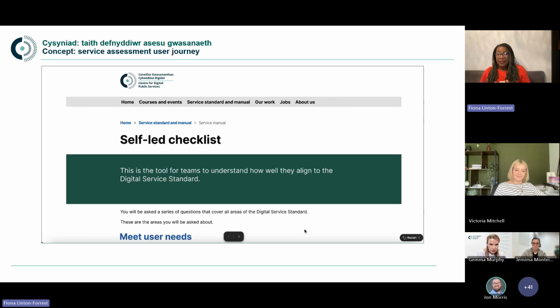And then at the end, they were able to read an outcome of the checklist, and this was pre-designed, so we just made up some results for them to look at, but it gave them a good idea of what they could get back. And then we created a web page that talked about this 2-stage approach to service assessments.